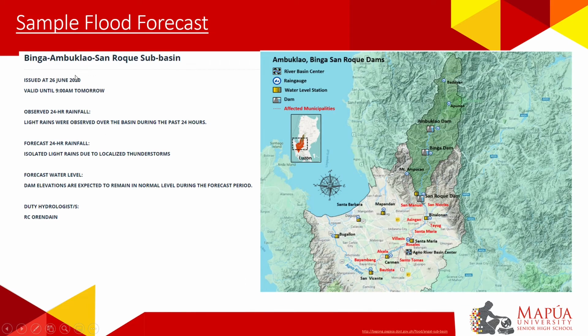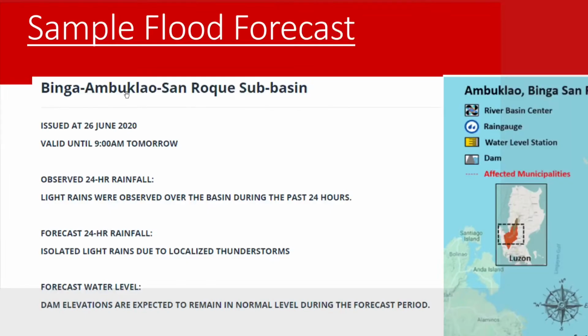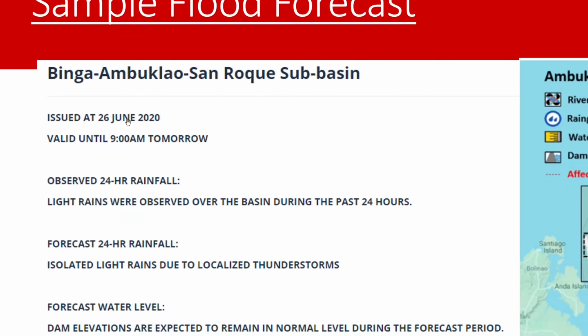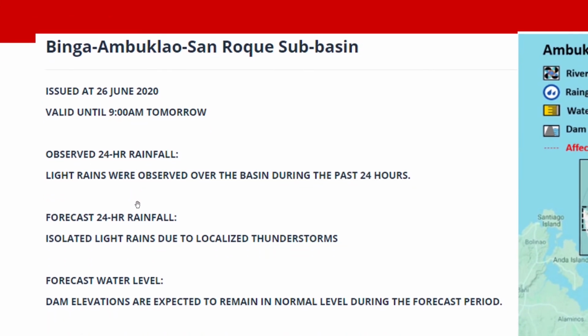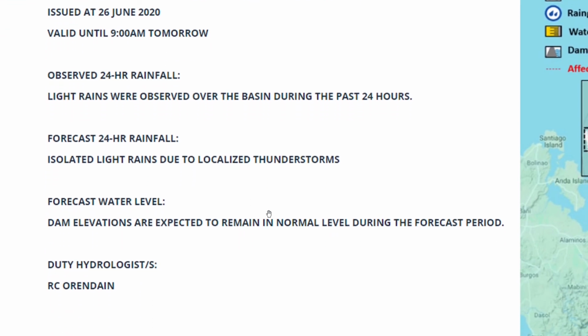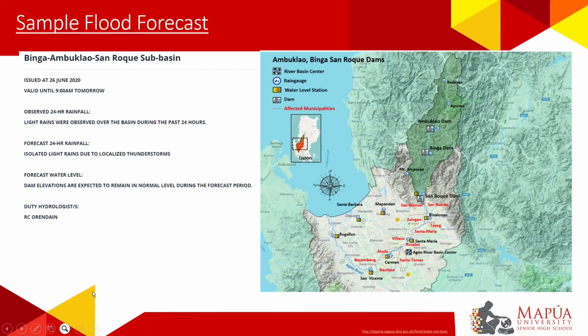Here we can see the Binga, Ambuklao, San Roque Basin. In this area, issued at June 26, 2020, light rains were also observed, also due to localized thunderstorms, and it is expected to remain at a normal level during the forecast period.